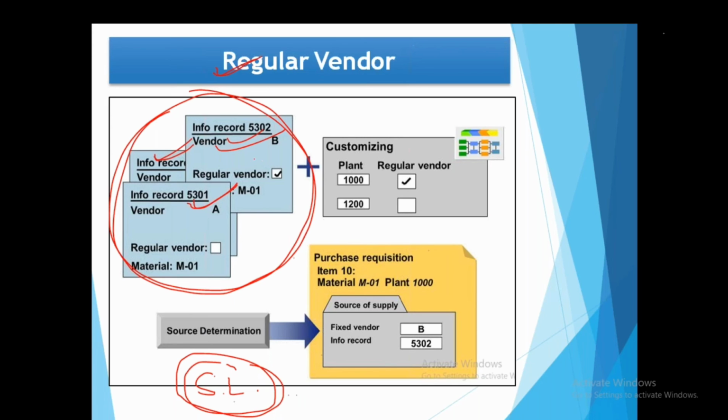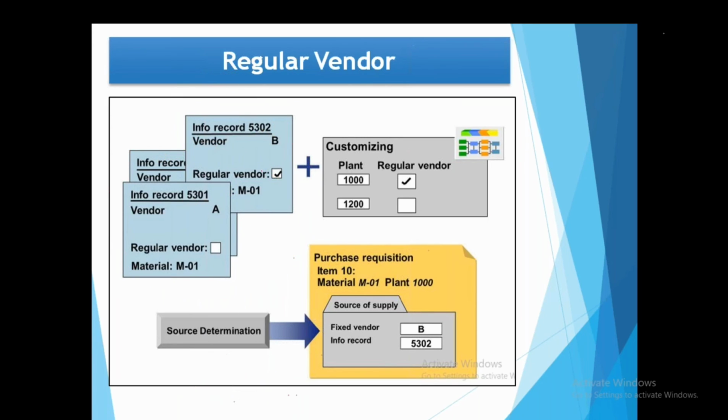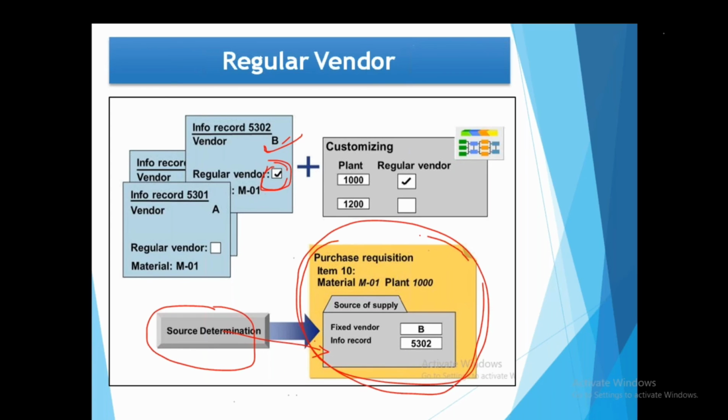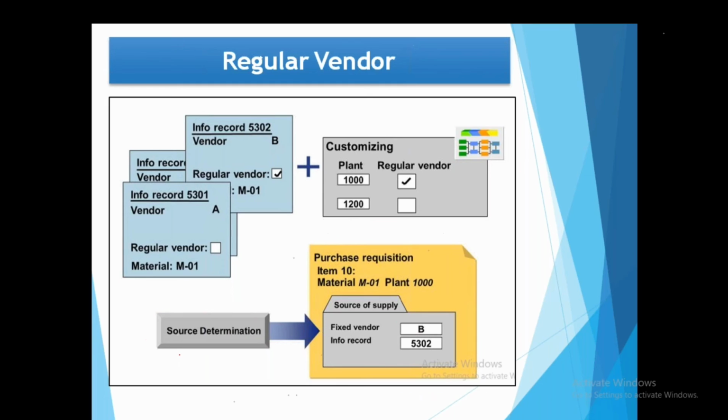So you activate that vendor as a regular vendor. Let's say you have activated vendor B as a regular vendor. Then in source determination, the system will automatically take that vendor into the purchase requisition, selecting it by default, in case your source list and quota arrangement are not there. That is what is called regular vendor.